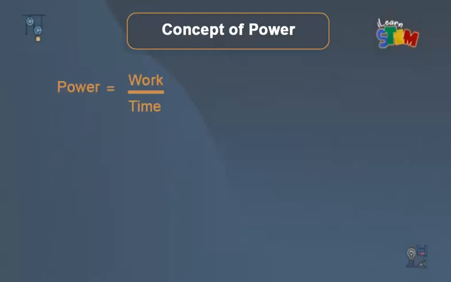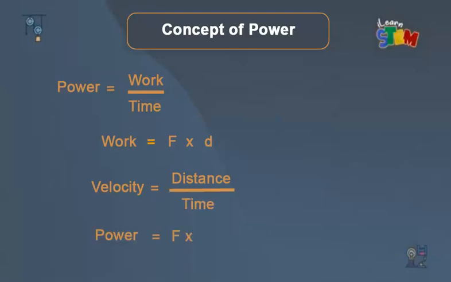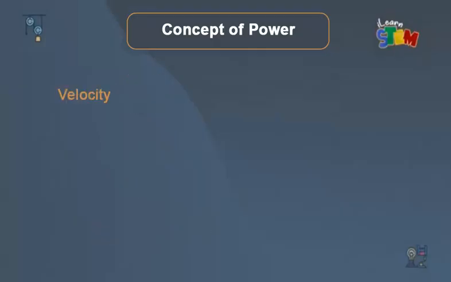Again, we can also describe power in another way by putting two different facts together. 1. Work is equal to force times distance. 2. Average velocity is equal to distance over time. Knowing this, we can say that power is the net force applied to something times its average velocity. If you move the box 5 meters in 2 seconds, then its average velocity will be 2.5 meters per second.